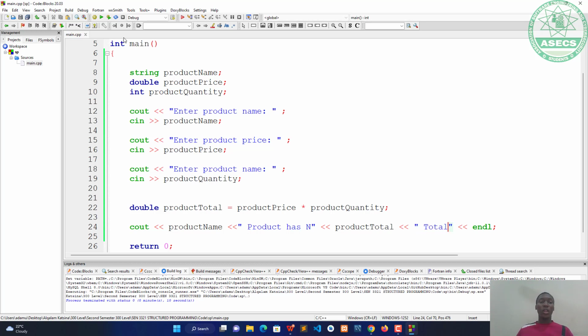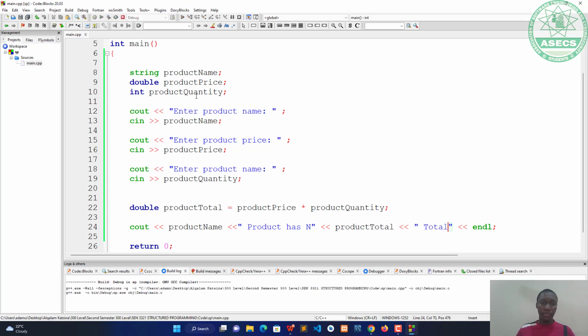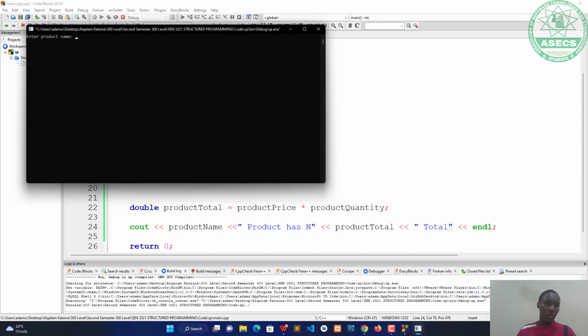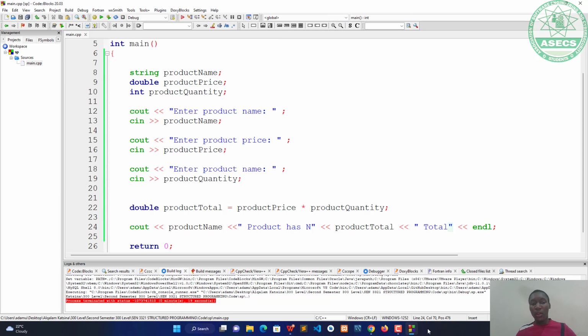Total. So let me just run it and see. Hopefully it works and doesn't give an error. Okay, enter product name. HP Elite book. So as you can see, we got an error. So now let's fix it.